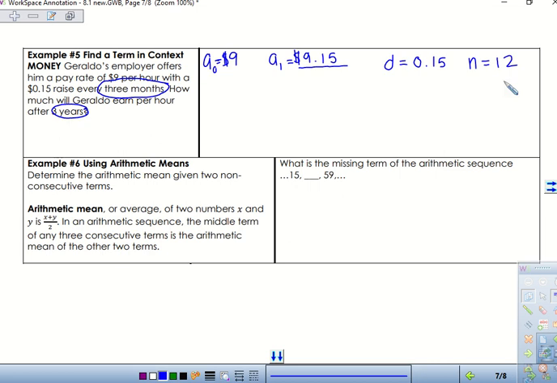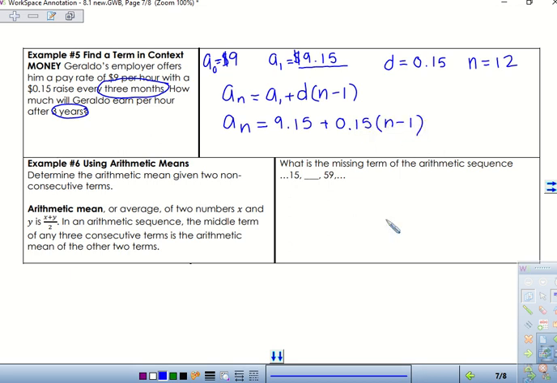Once you can get an explicit formula, everything's pretty much coming together at that point. Just to remind you, this is the general formula for the explicit. If you have enough to put in here that you can get one of these, it's really useful. So this would be our general explicit formula for our situation: first term plus the common difference times n minus 1.